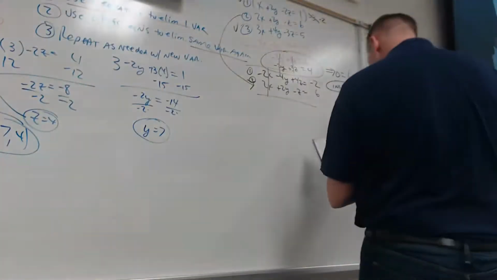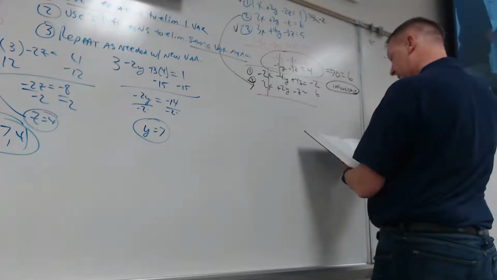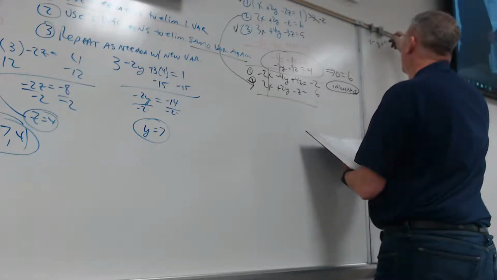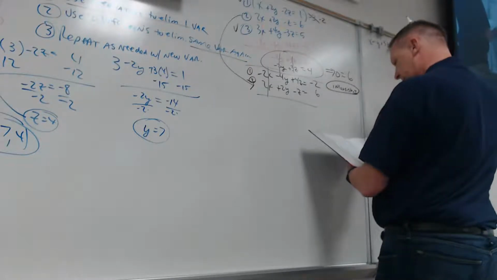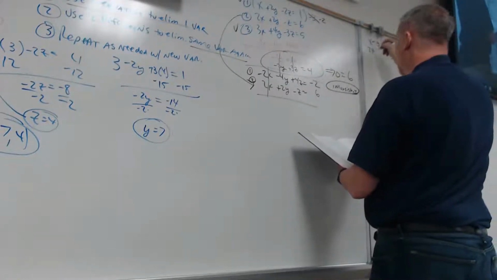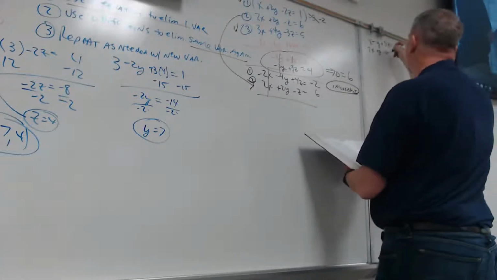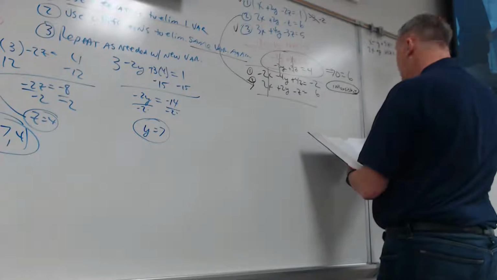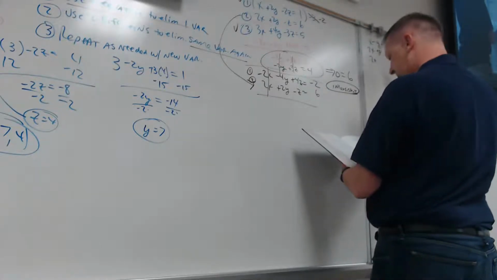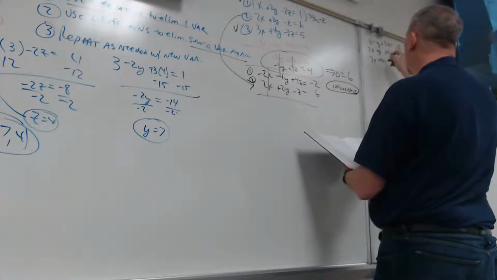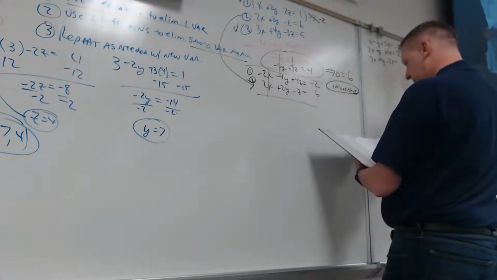How about x minus y plus 5z equals -2. 2x plus y plus 4z equals 2, and 2x plus 4y minus 2z equals 8.